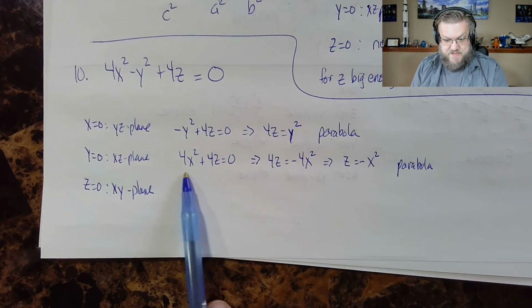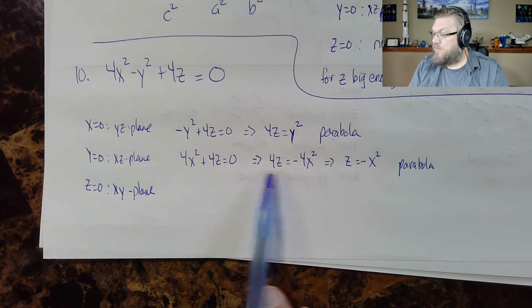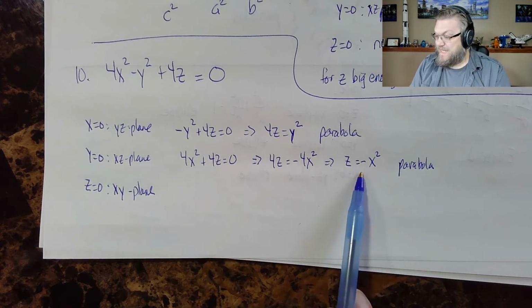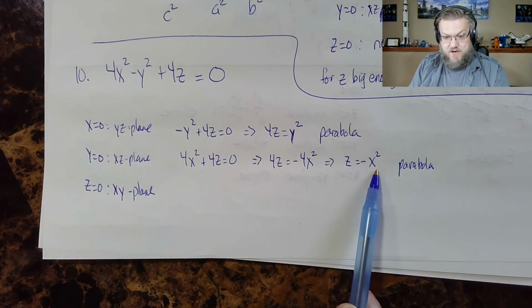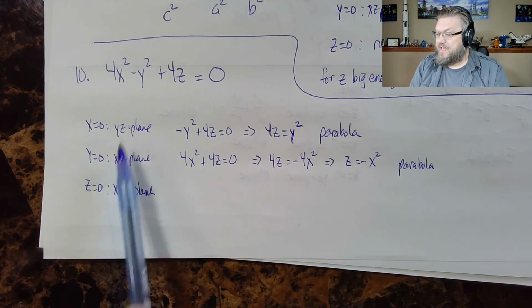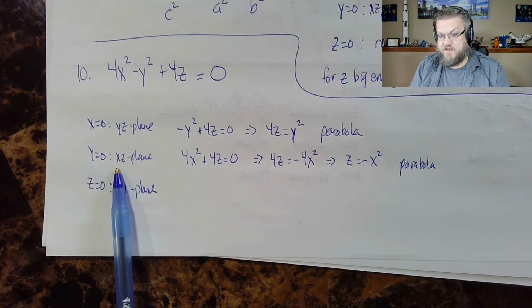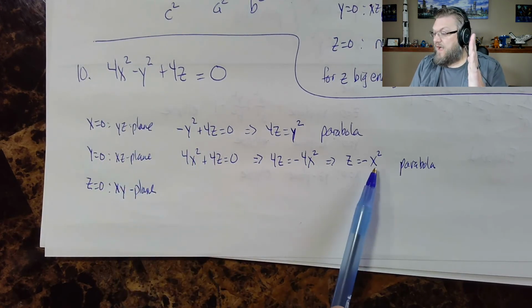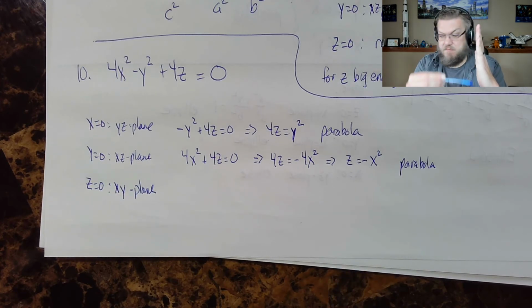So what we have here is that z is going to be negative x squared, which means that when I intersect this surface with the xz plane, which is the left wall, I am going to get a parabola, but it's going to open downward because z's are negative.